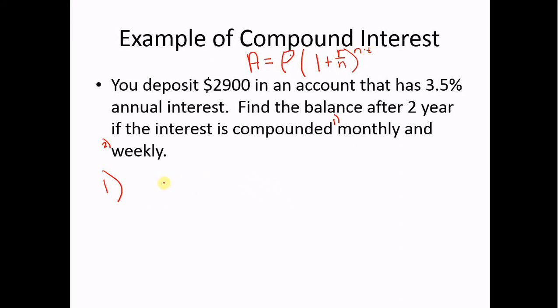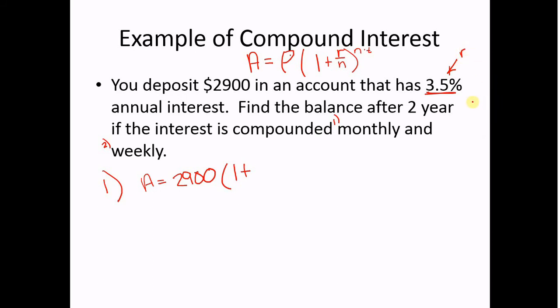So I don't know my A. I do know my principal, however. My principal is $2,900, times 1 plus my interest rate, 3.5%. So that's my R right here.